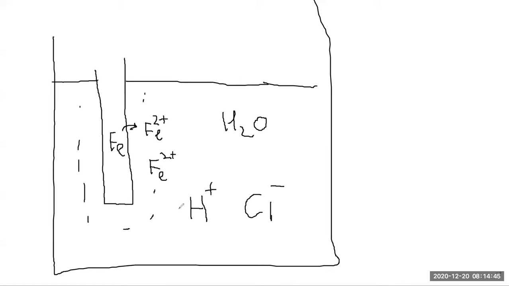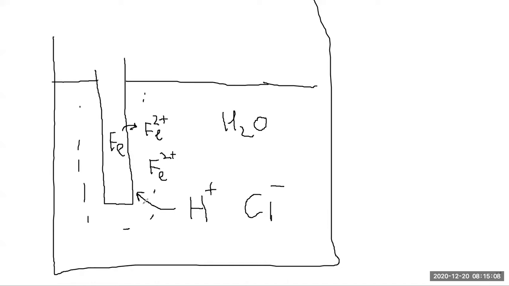If H+ is more actively taking electrons than iron 2+, then they are more likely to come and pick the electron. But this hydrogen becomes neutral, and it is not a metal.